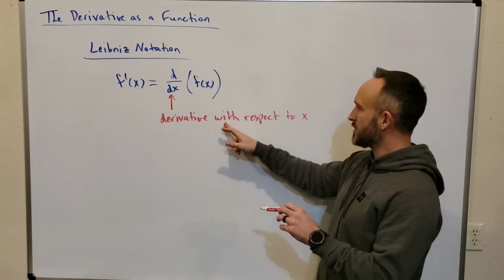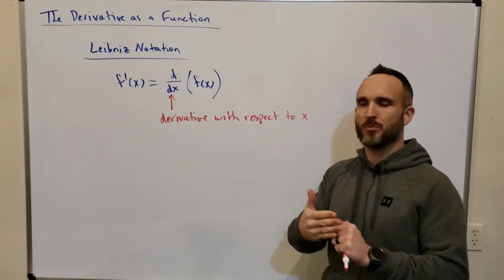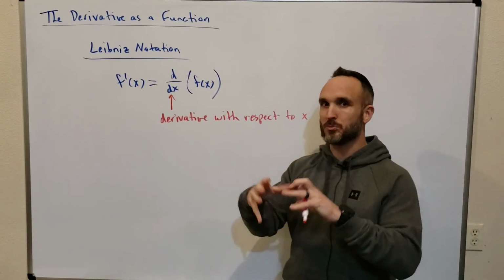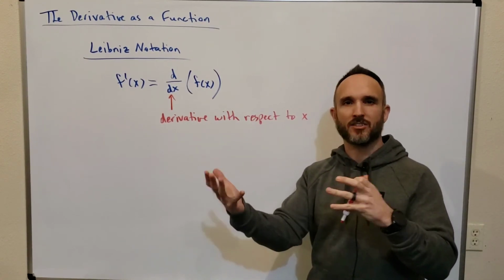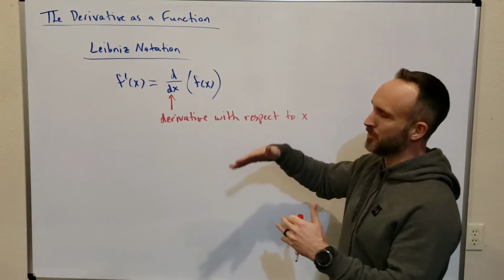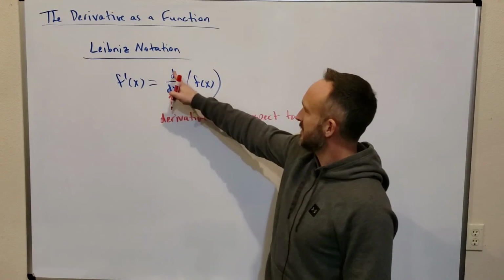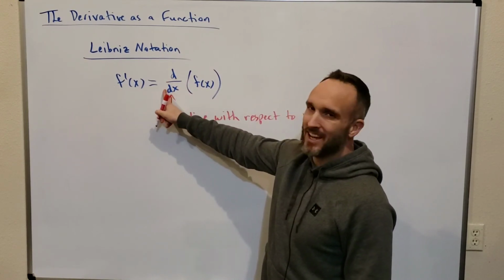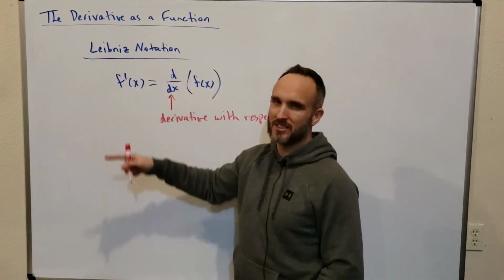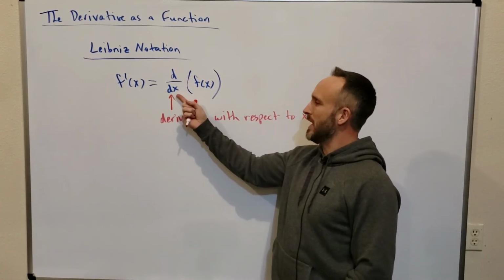And this whole with respect to x part, again, is going to be more clear when we get to implicit differentiation, because eventually you'll have equations that have multiple variables in them, mostly x and y, and you want to take the derivative with respect to x and not with respect to y in certain scenarios. Okay, so this means the derivative with respect to x of this function, which is also the same thing as f prime of x.